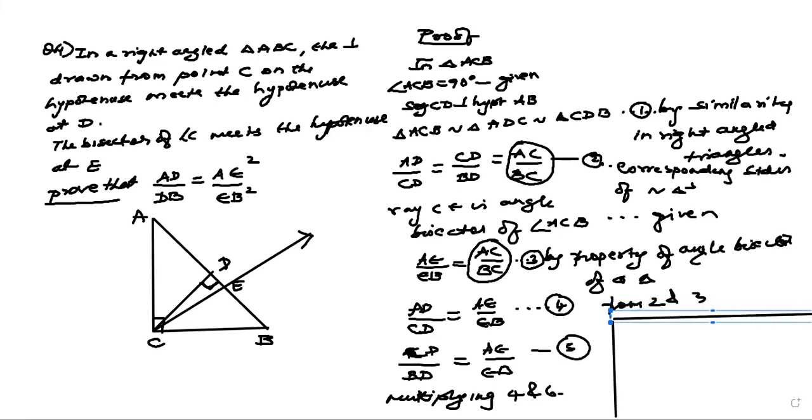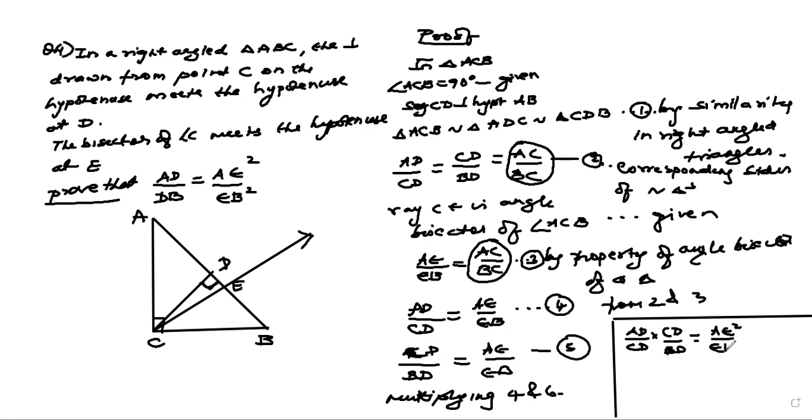When I multiply, the left-hand side becomes AD upon CD multiplied by CD upon BD, and on the right AE upon EB into AE upon EB becomes AE square upon EB square.